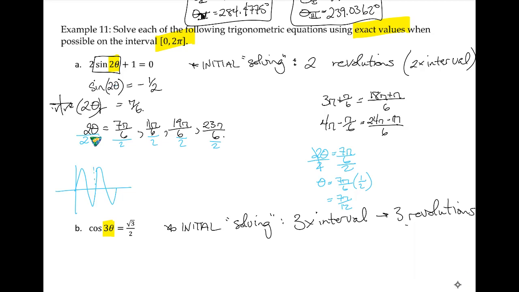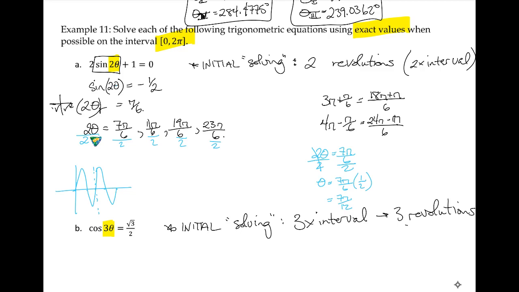And so I would expect twice as many potential values at any given point. So whereas a regular period, I'm seeing just 1. Now with a double angle, I'm talking about twice as much.